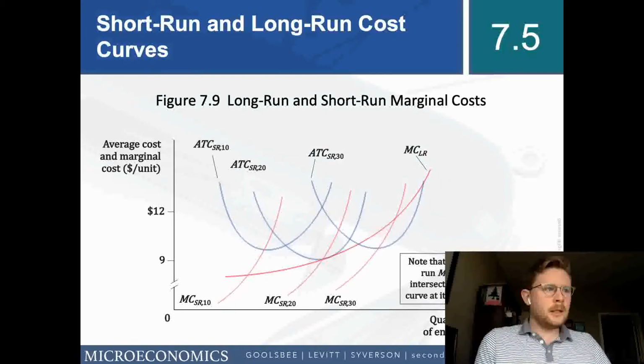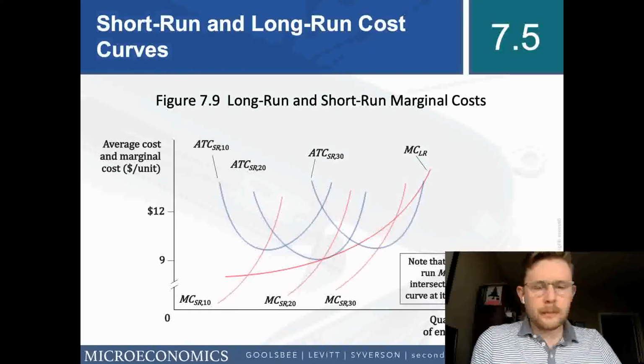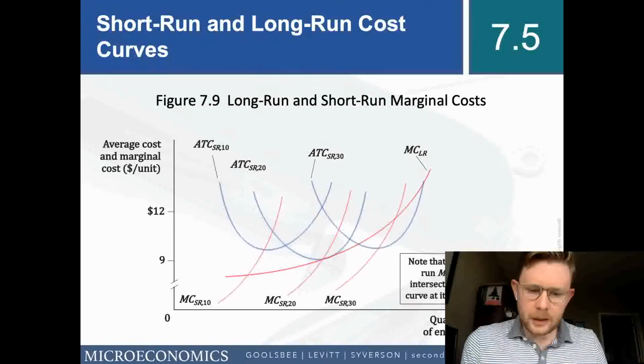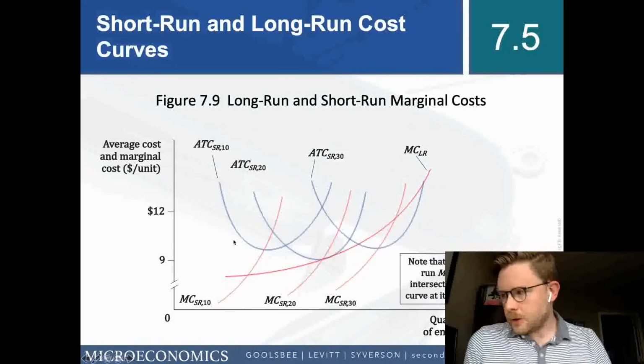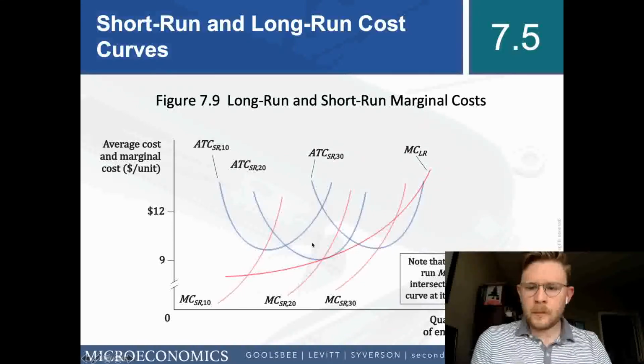If you have a 3.0 GPA and you get a C in a class, so your long run GPA is 3.0, but you get a 2.0 in a class, that 2.0 is going to pull the 3.0 down a little bit. That's what's happening with these short run marginal cost curves. It's decreasing up until that minimum point, and then as the marginal cost starts increasing above that minimum point, the average costs go with it.